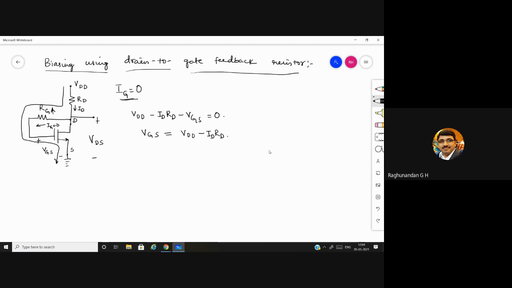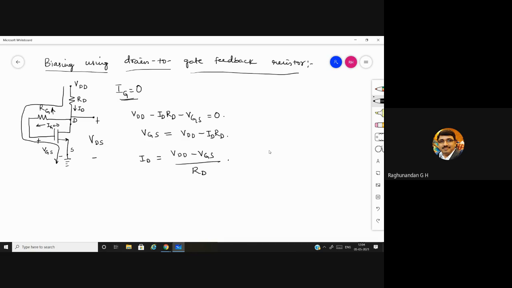If you want an equation for ID, then it will be VDD minus VGS divided by RD. So this is the equation for the drain current in this case.